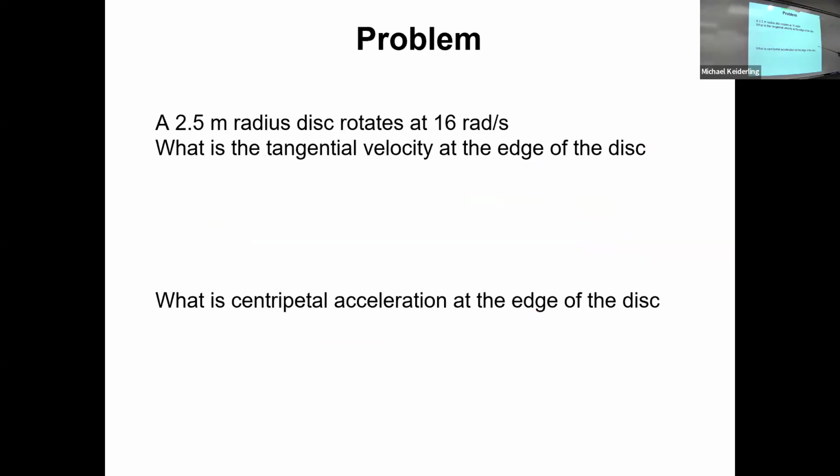You have a 2.5 meter radius disk that rotates at 16 radians per second. How fast is the edge of the disk moving tangentially? Well, that's going to be omega times radius. So 16 radians per second times 2.5 meters, 40 meters per second. And what is the centripetal acceleration at the edge of the disk?